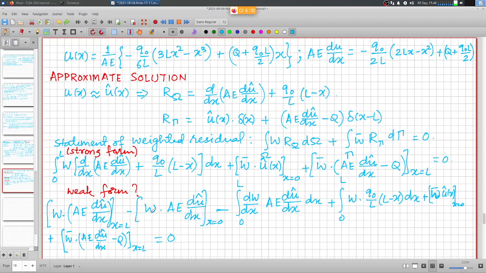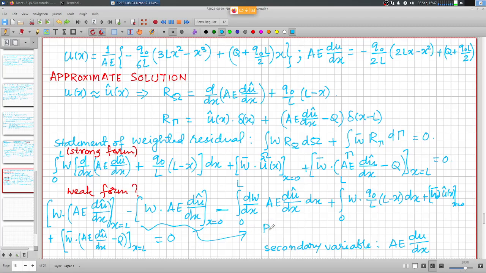Now the boundary term of the weak form can be identified as the secondary variable, whatever is the coefficient of the weighting function term. So this is the secondary variable: ae du by dx.